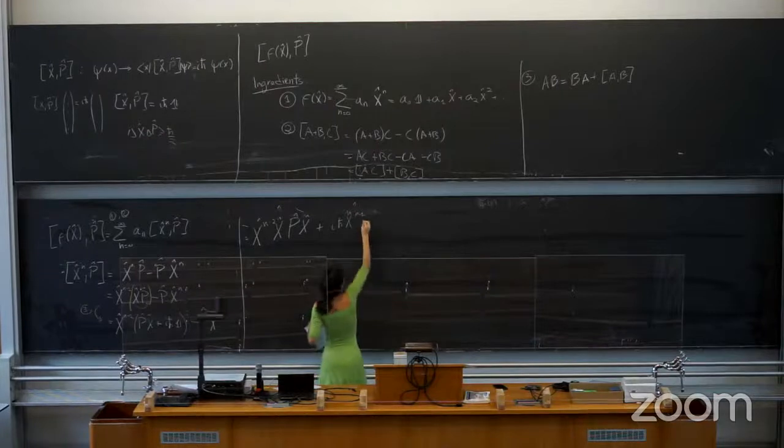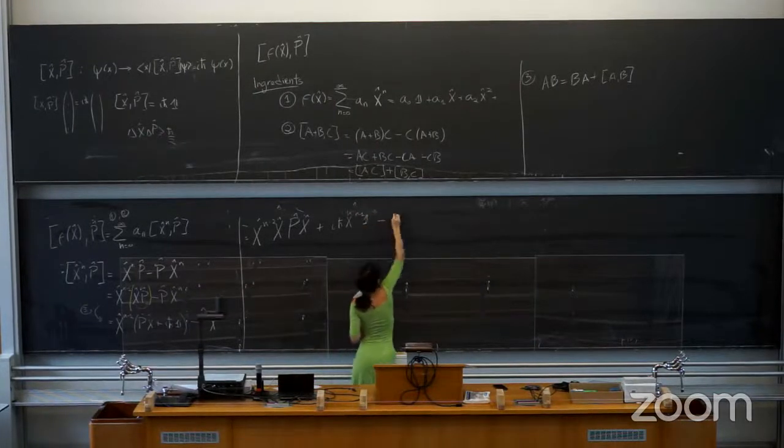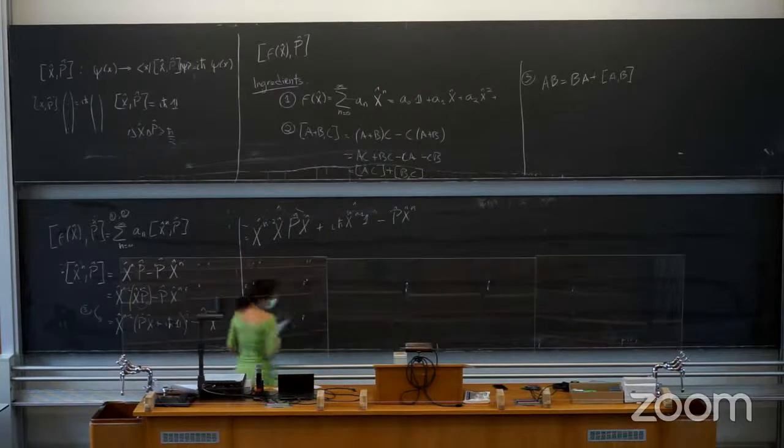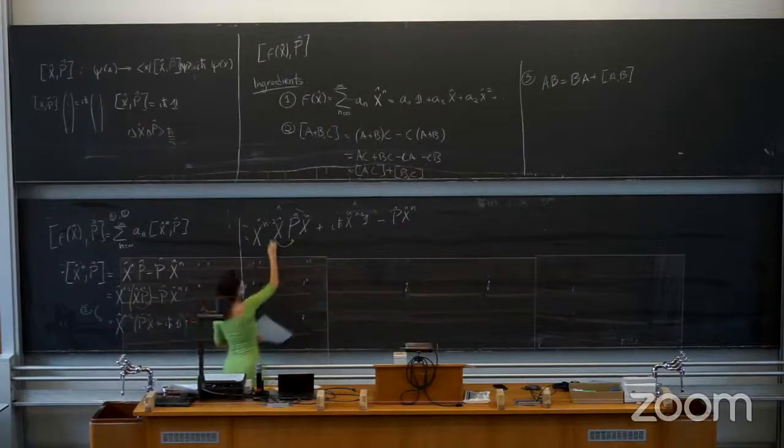And the identity is not doing anything here, minus x to the n. But the next step is going to be to bring this to the other side. So I put brackets here.